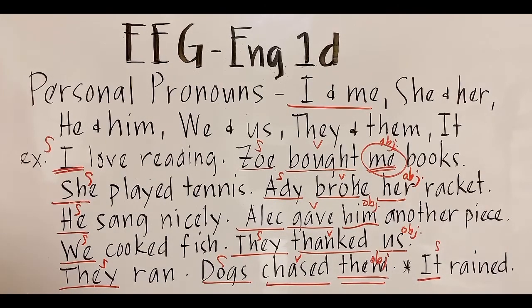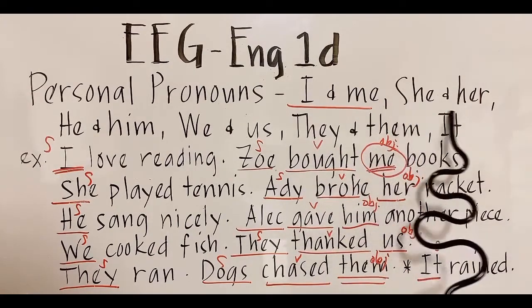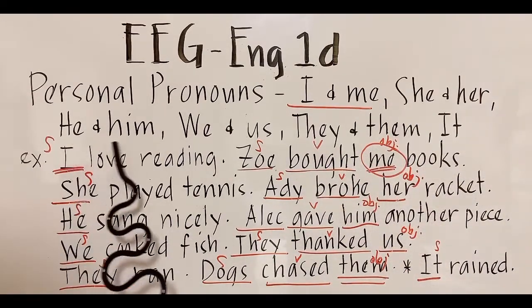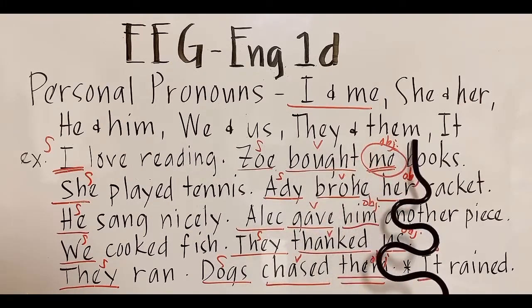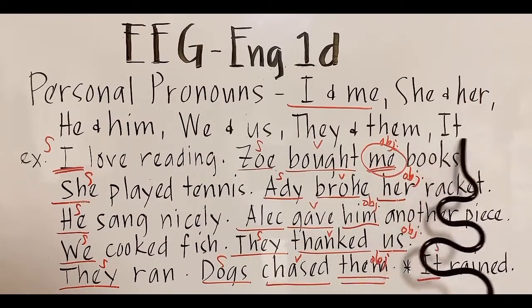Again, what are the personal pronouns? They are the primary substitutes to particular persons, objects, or animals. And they are I and me, she and her, he and him, we and us, they and them, and it.